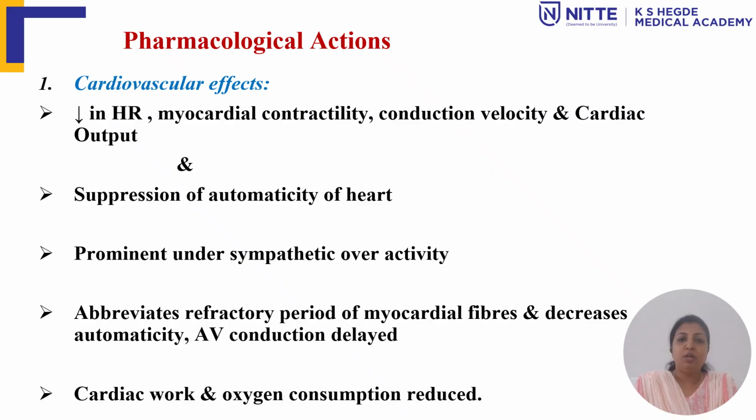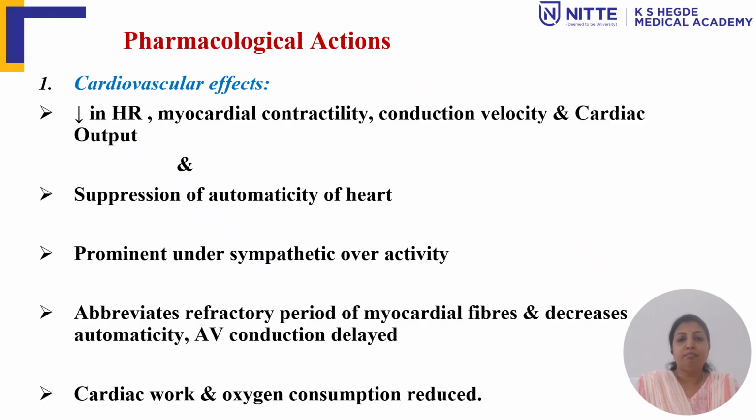Coming to the pharmacological actions of beta blockers, first is cardiovascular effects. On the heart, what is the effect of beta blockers? We'll be discussing the pharmacological effects with the prototype drug, which is propranolol. It is the first beta blocker that came into the market.